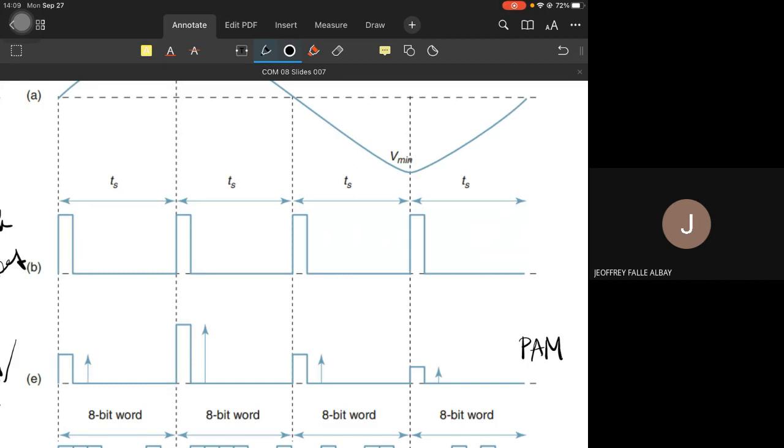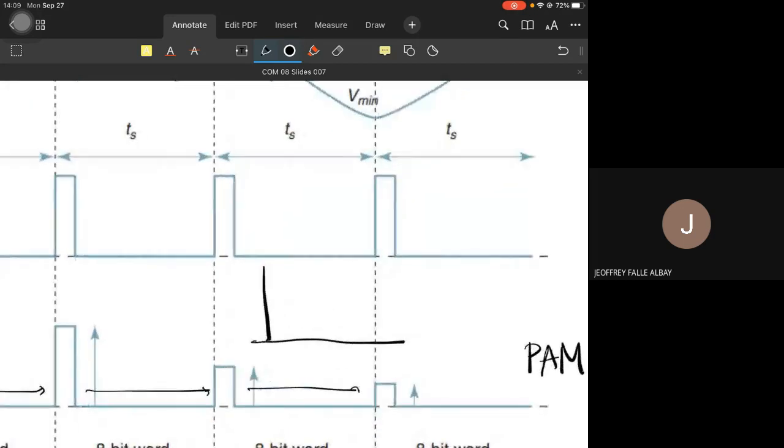If we connect all the output pulses, we get what we commonly see when we speak of pulse amplitude modulated signals.